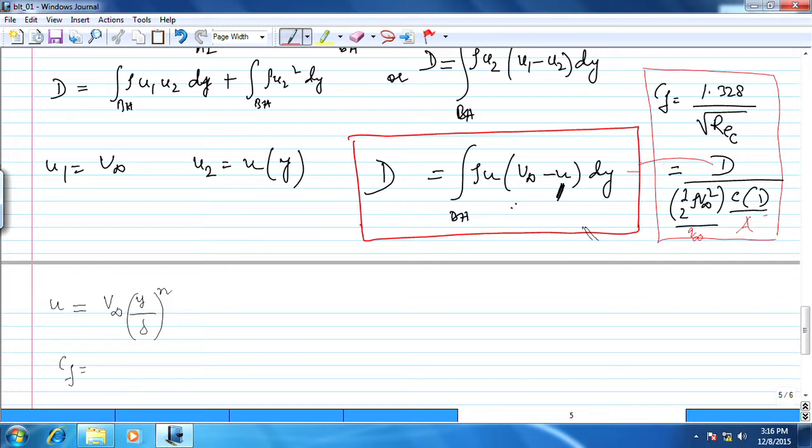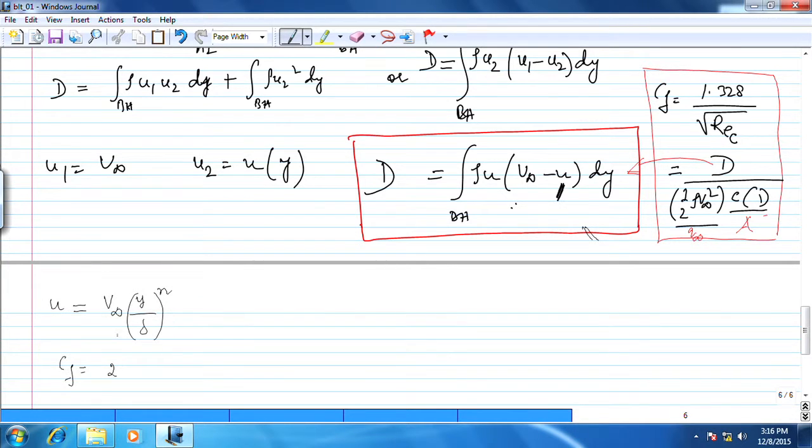Now for the drag we have this expression, which is the expression we are going to use. I am going to skip a couple of steps and leave you to work through that, and what I get is something like this.